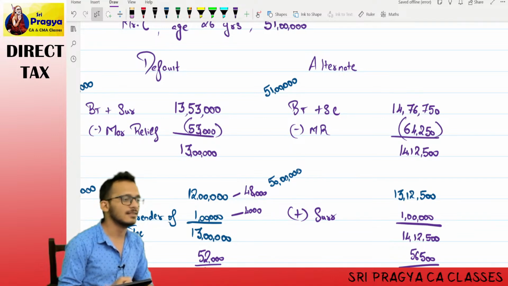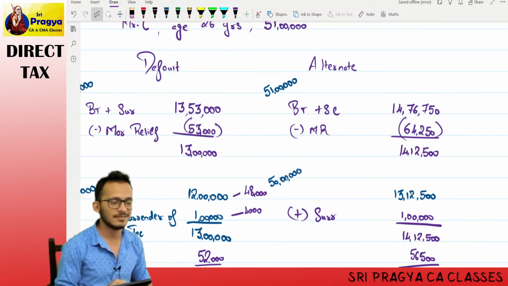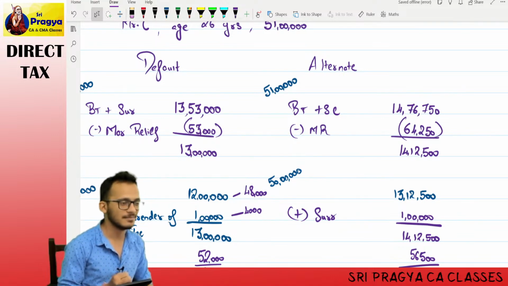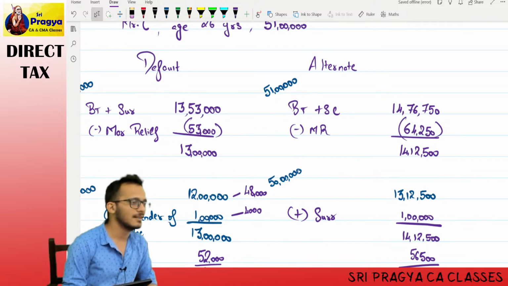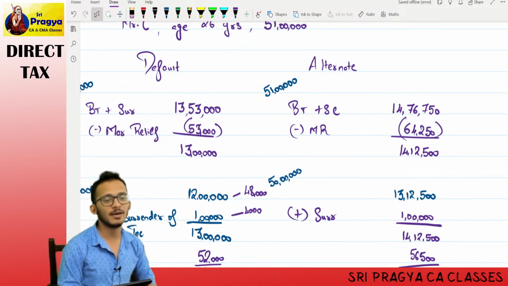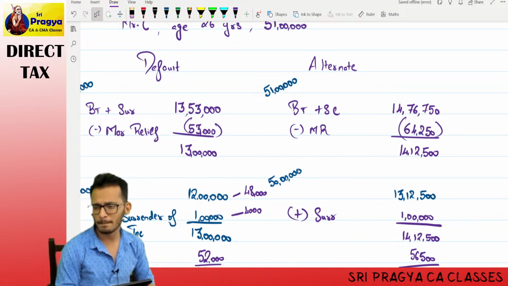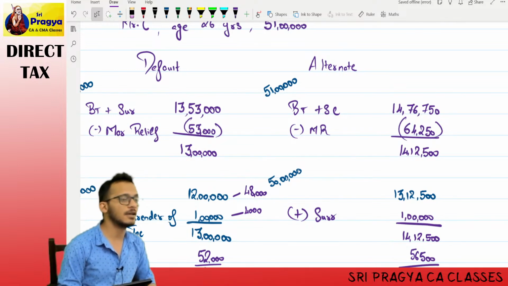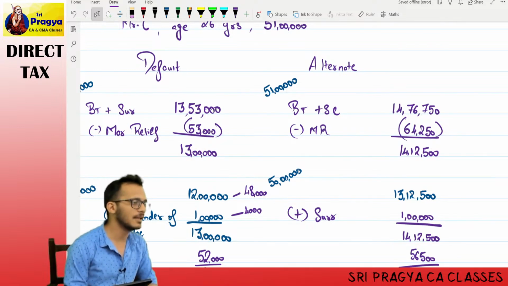Marginal relief is not applicable for rebate. Surcharge has marginal relief, but it is not given for rebates.